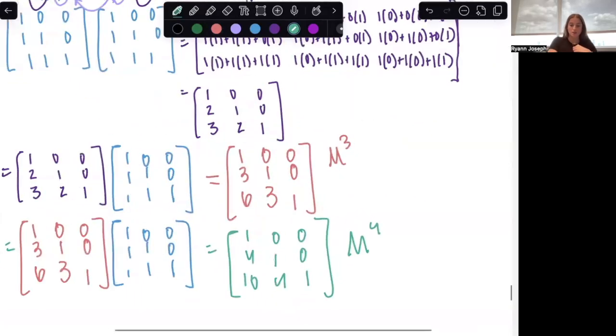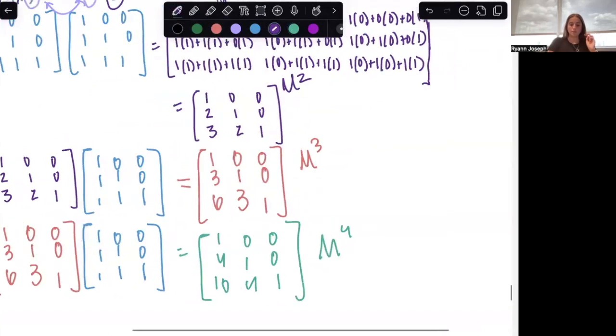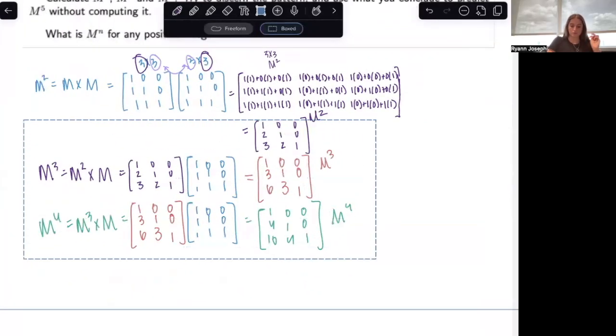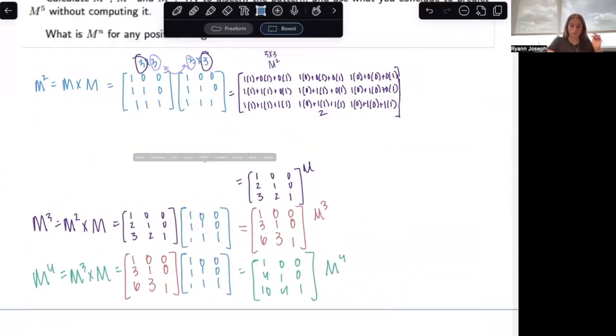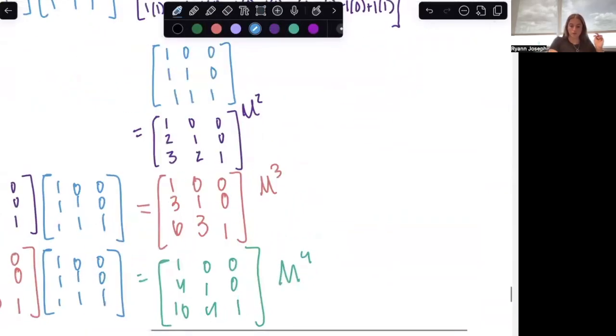Looking at this, I want to see how the values in this matrix are a result of the power it's raised to. Comparing every single entry, where this is m to the 1, this is m to the 2, m to the 3, m to the 4.